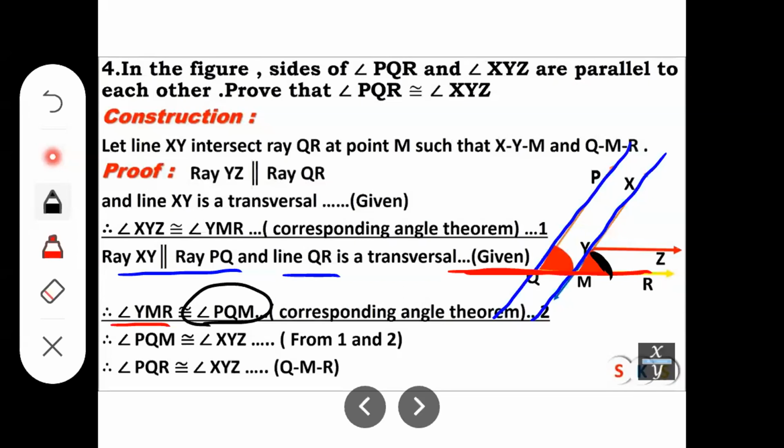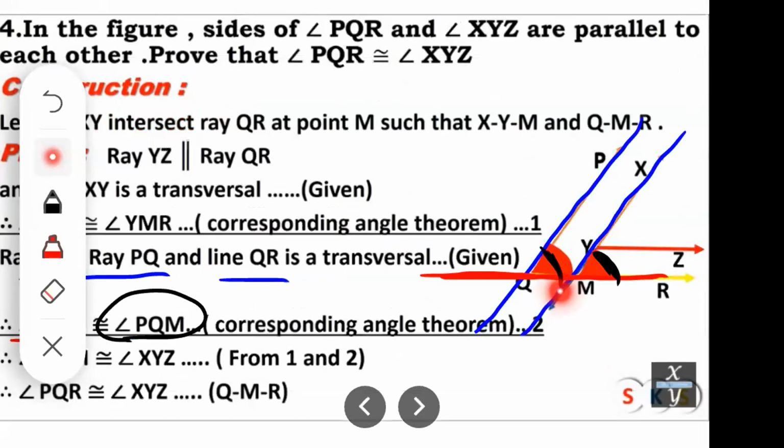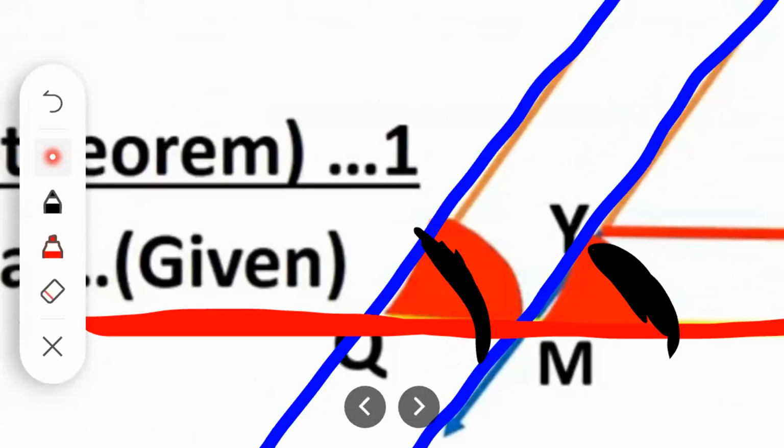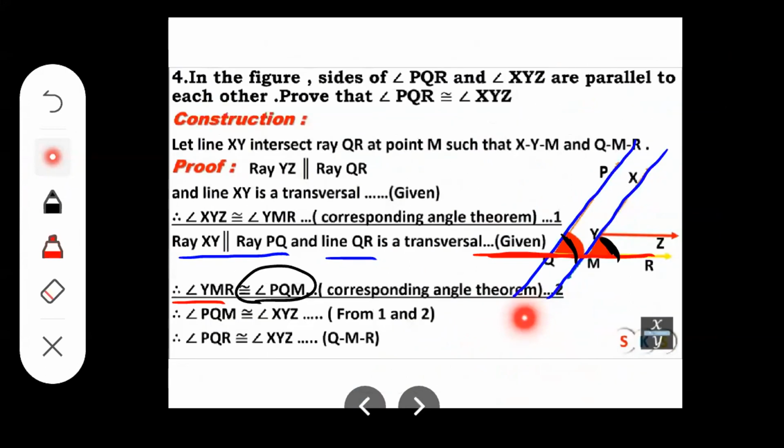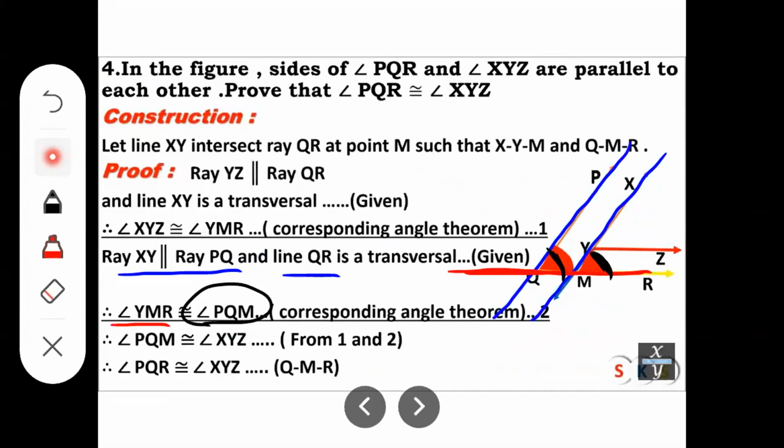Where is PQM? Here is PQM. See it carefully. Those are corresponding angles, and mark it as equation 2.